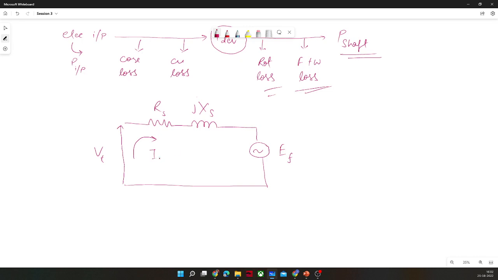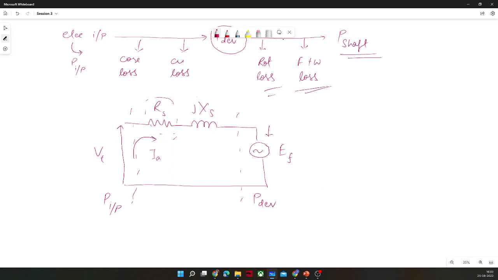So this would be Ia, and here current would enter, and this is the terminal where power is going into the motor. Losses would appear across this Ra, and this is our synchronous reactance.